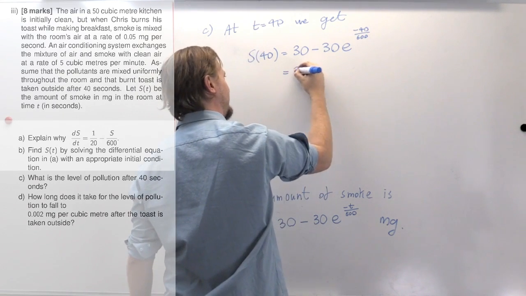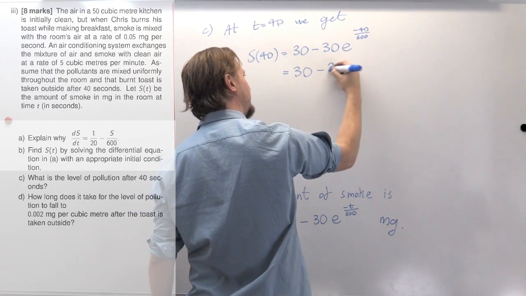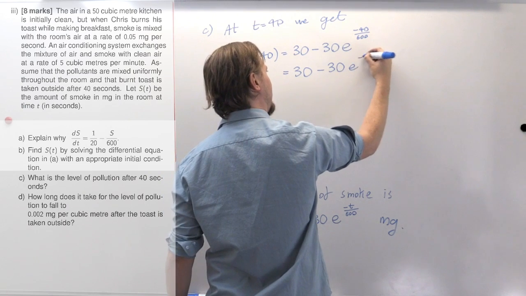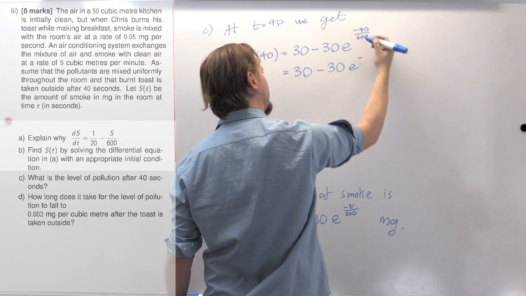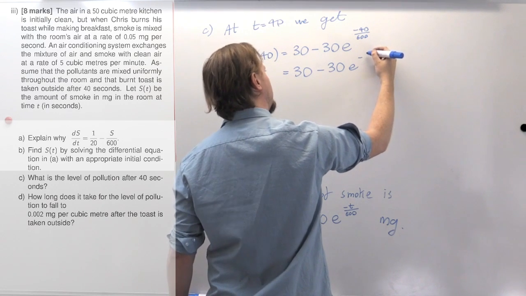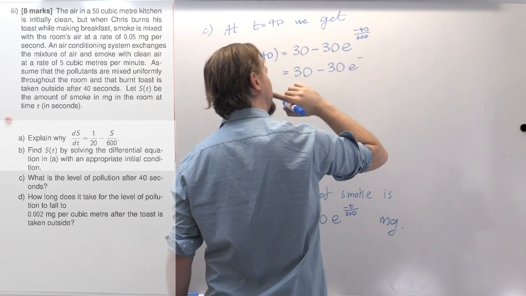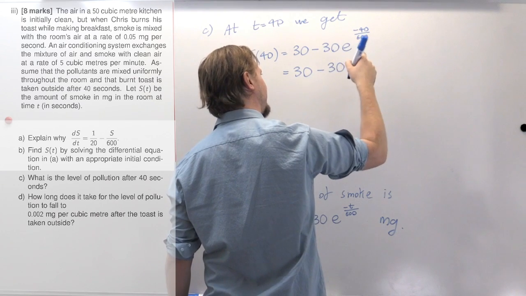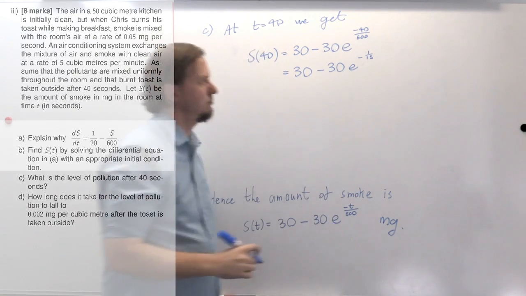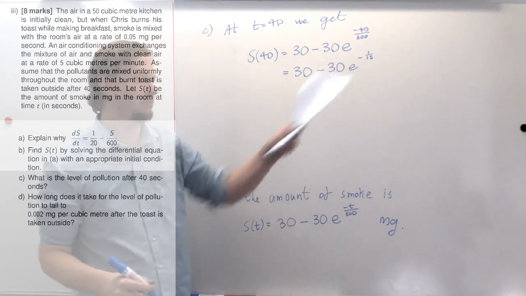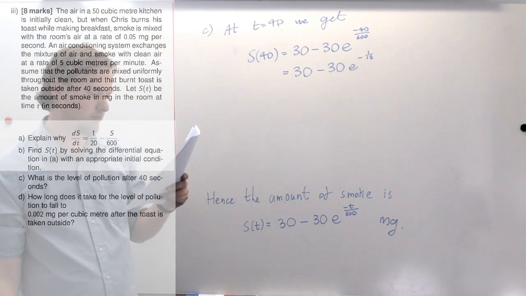Before I plug that into a calculator, I would probably simplify to e to the minus 4 over 60. I might be trying to make it a little bit too simple. So 4 over 60 is the same as 1 over 15. So maybe that simplification step would have caused me an issue.